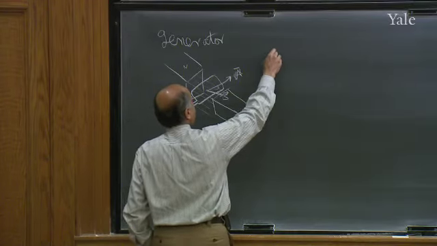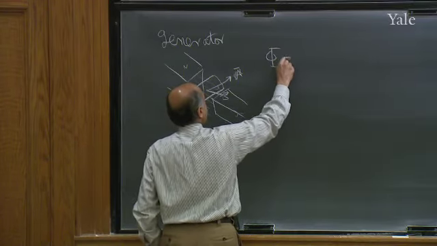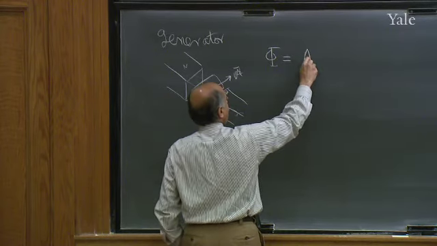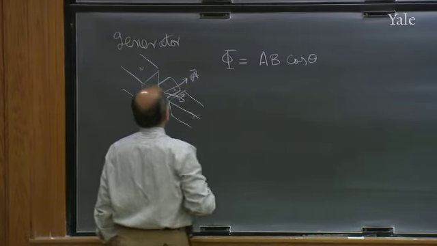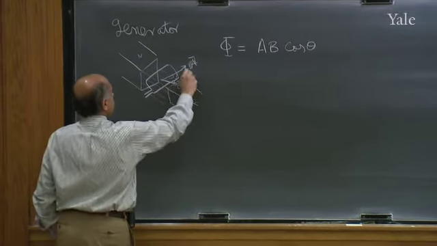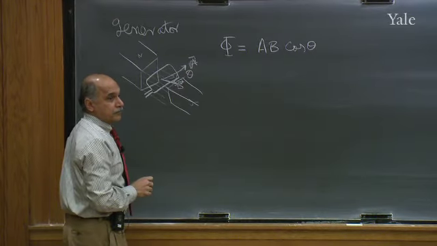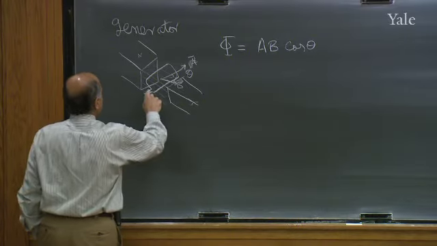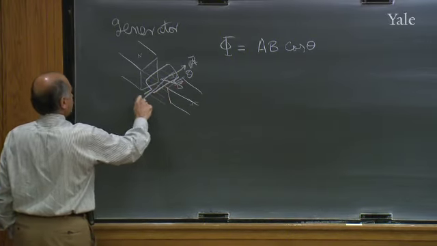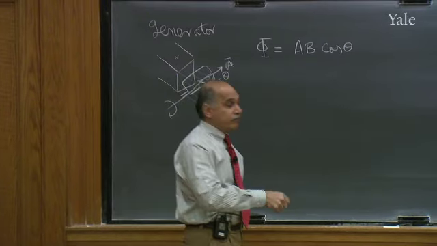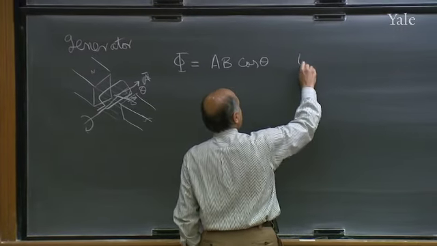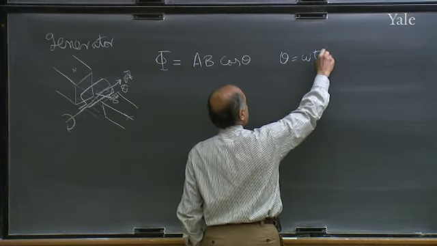So what is the EMF? First, you've got to find the flux through the coil. The flux through the coil is the area of the coil, the magnetic field, times cosine of the angle between them, which would be this angle theta in the figure. But you have attached this to an axle, and you're going to just keep spinning it mechanically, and you agree to spin it at a uniform rate, omega.